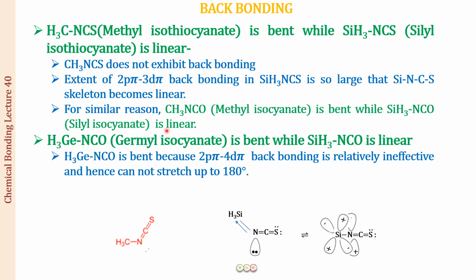Here germanium and nitrogen participate in back bonding, a 2p pi 4d pi, but it is relatively ineffective, and hence this one is not able to stretch itself up to 180 degrees. It opens up slightly, but the back bonding is not as good as for silyl isocyanate. So silyl isocyanate is linear, whereas this is not linear, it is a bent molecule.